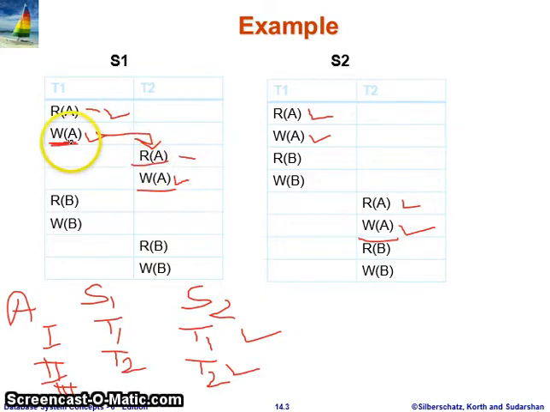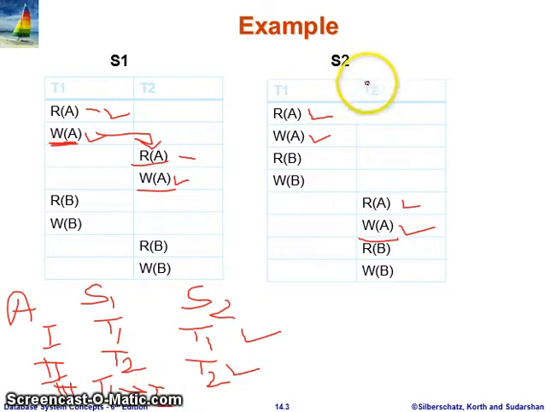So T1 is producing and T2 is consuming. In this order, T1 is producing and T2 is consuming.